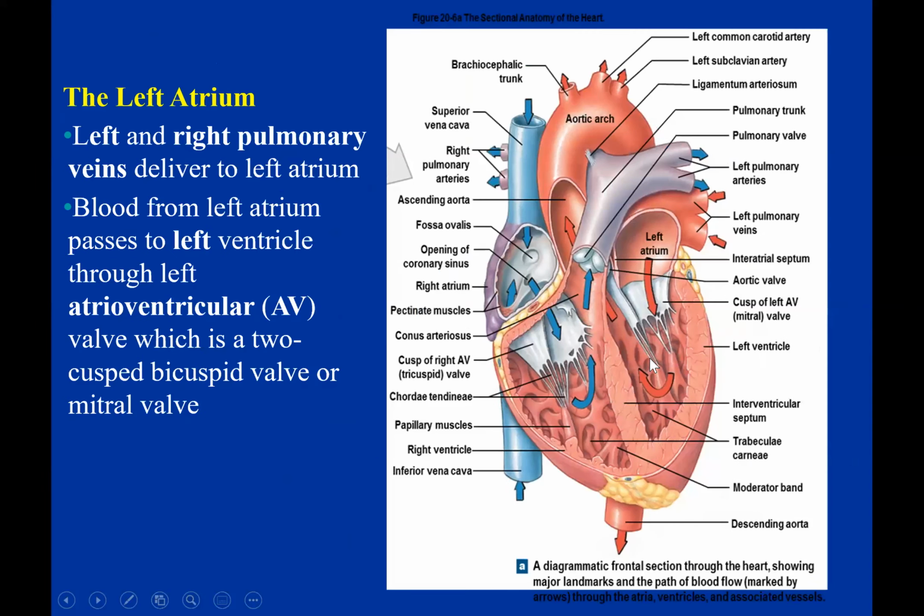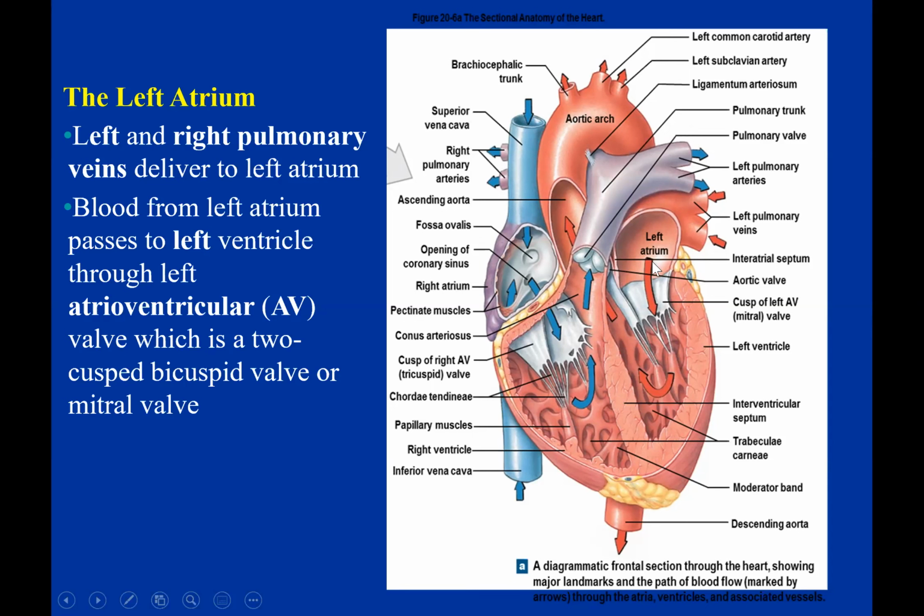In the left atrium, the left and right pulmonary veins are going to bring in the oxygenated blood. So from the left atrium, the blood will flow through to the left ventricle. And this valve here has two cusps. It's also called mitral valve. It's an AV valve, but here it's called mitral valve or even bicuspid valve.